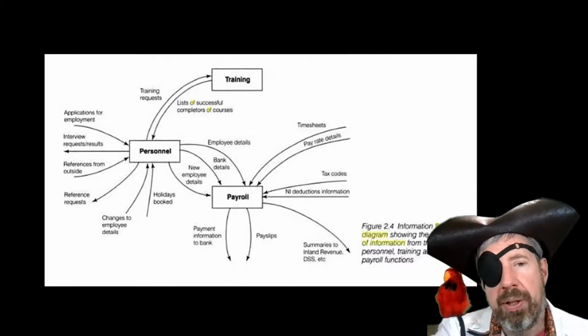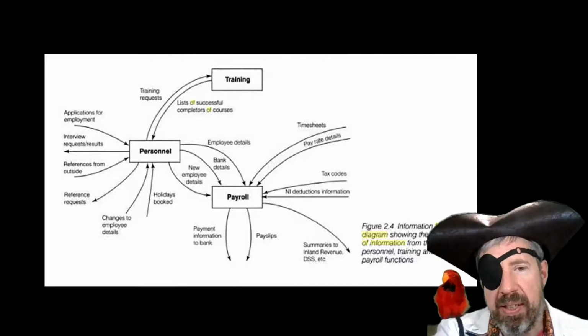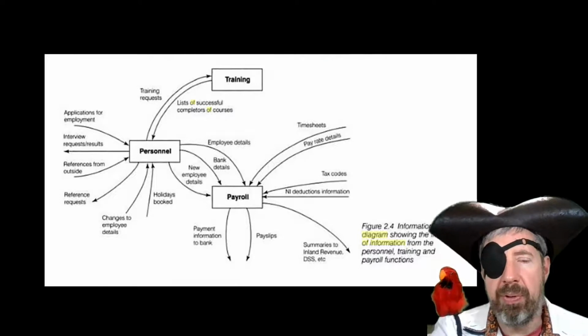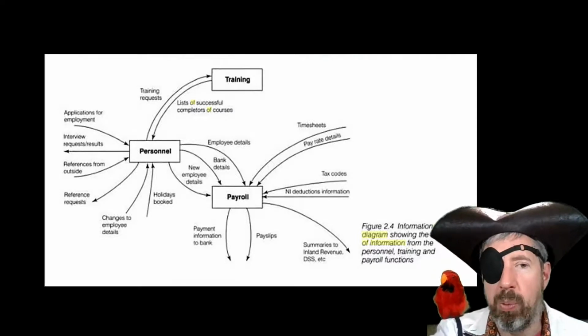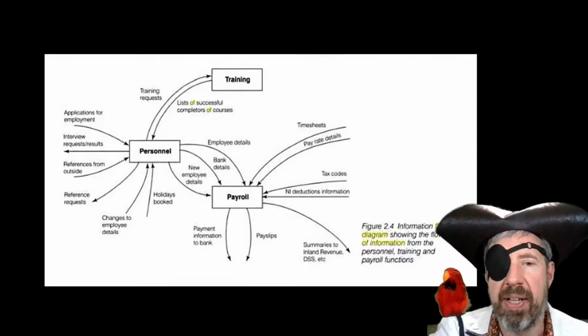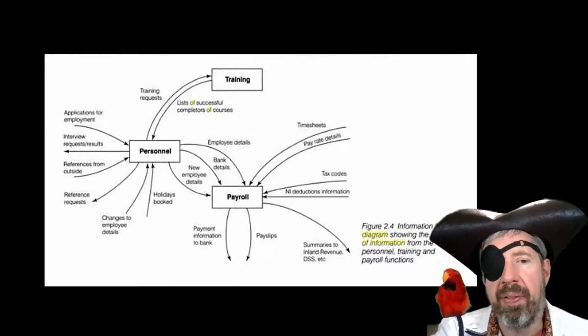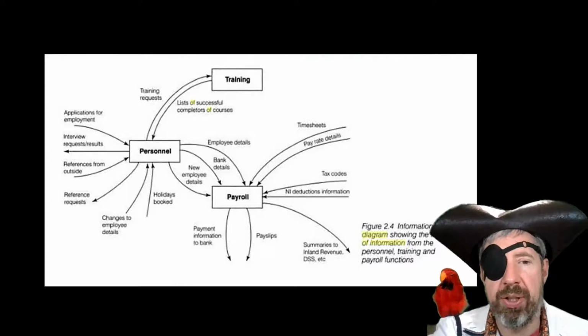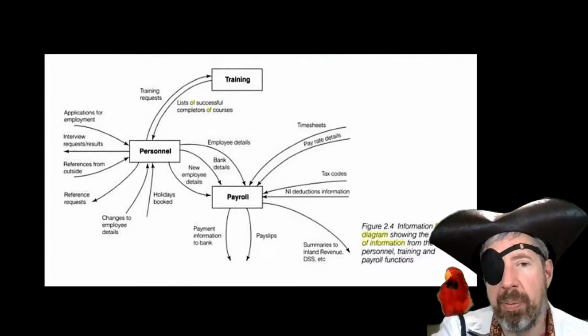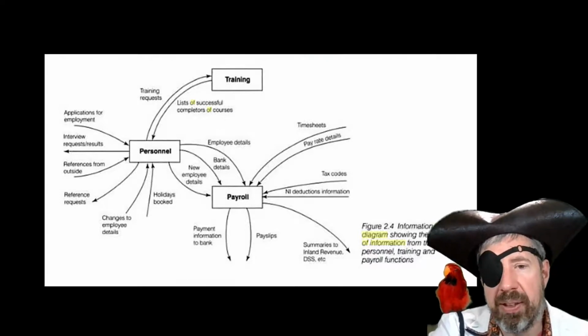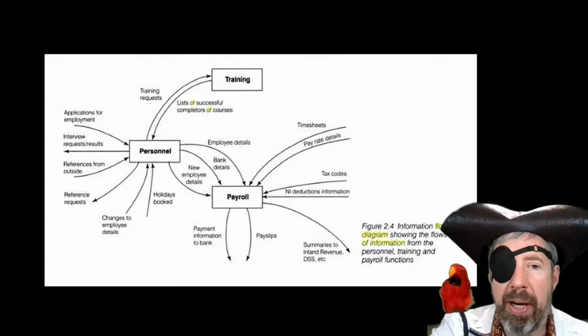So these arrows represent information that's flowing from one area to another area, or coming in from somewhere that's not on the diagram into that area. So you might also include the government, and they might send legislation to the personnel department, saying your staff must do this training or something like that as a requirement.